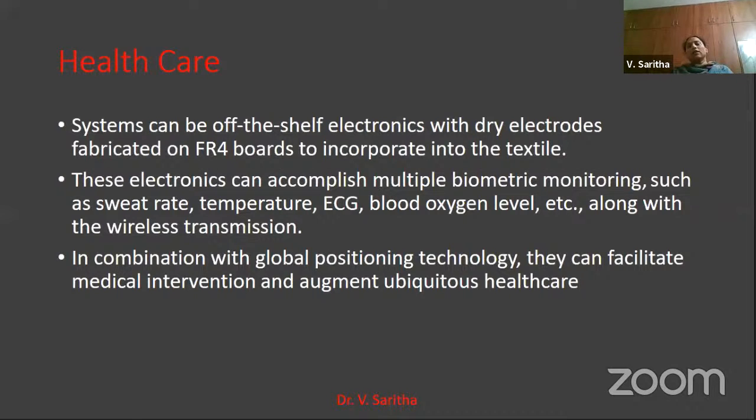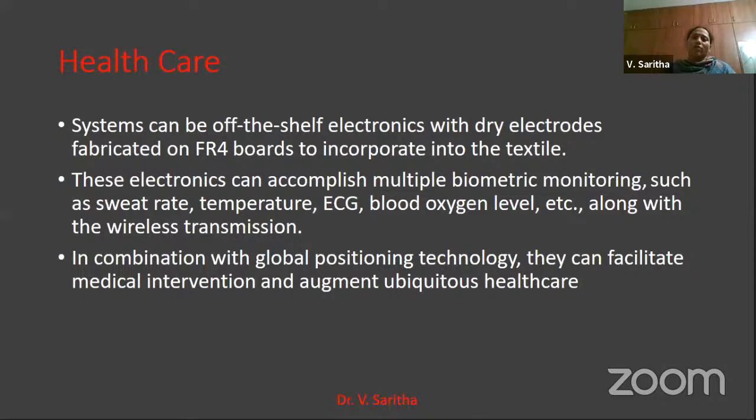Basically, what is happening in healthcare related applications is that when you use a particular textile, it is not only observing the sweat rate or temperature or any sensed information.